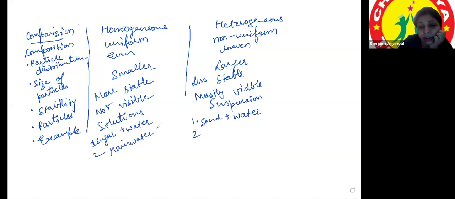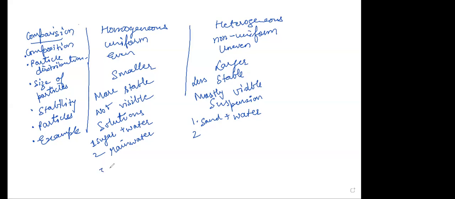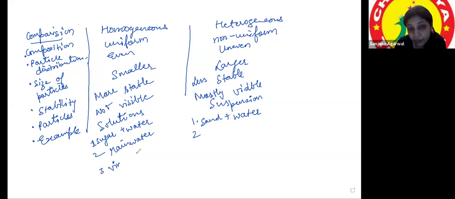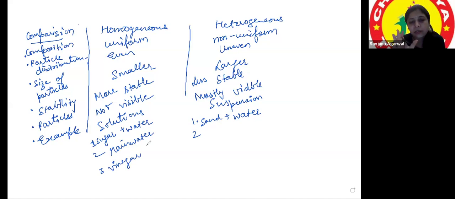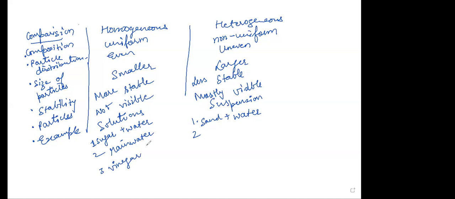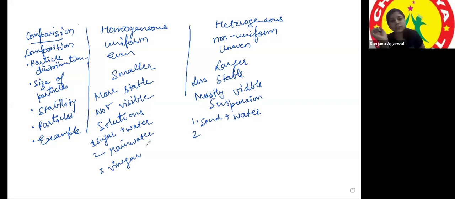You can say rainwater, or the substances used to make vinegar, mouthwash, detergent. Homogeneous basically means anything which you perceive as a single type of substance.